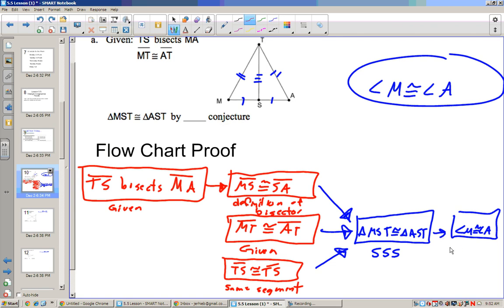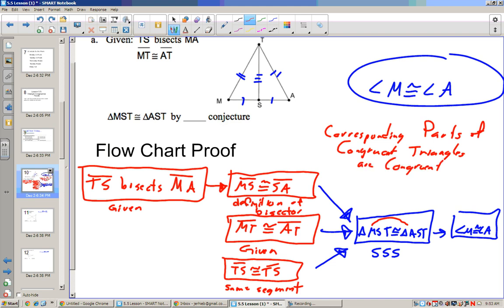So we actually say corresponding parts, because M and A are corresponding parts of congruent triangles, and corresponding parts of congruent triangles are congruent.